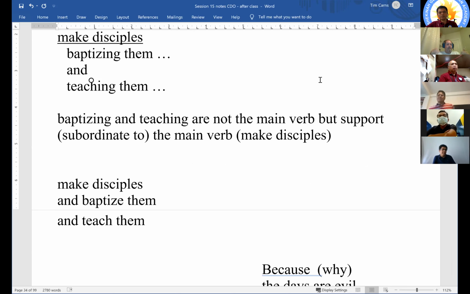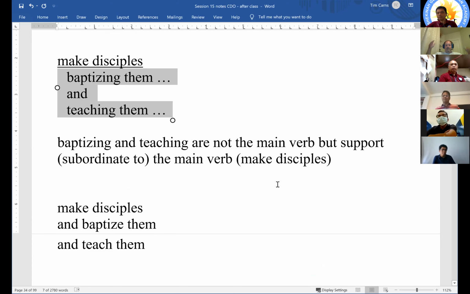If I don't notice these participles here, then I'm missing what Jesus is instructing. Because make disciples is not some separate concept. He's telling us, how do I make a disciple? How do I make a follower of Christ? By baptizing and by teaching.